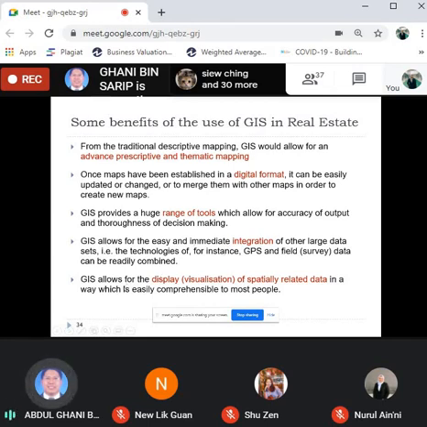And probably lastly, GIS allows for the display or visualization of spatially related data in a way which is easily comprehensible to most people. Of course, if we look at data or visualize something as a picture, we can get better informed about it rather than reading a description about things.